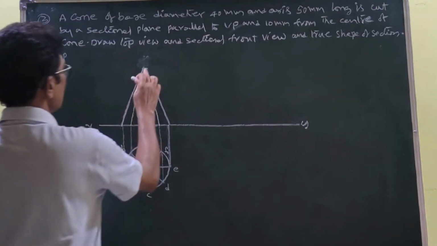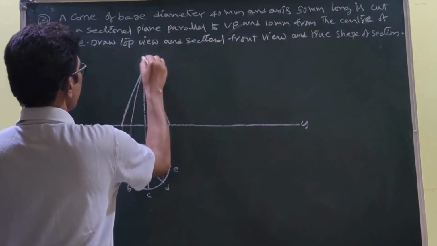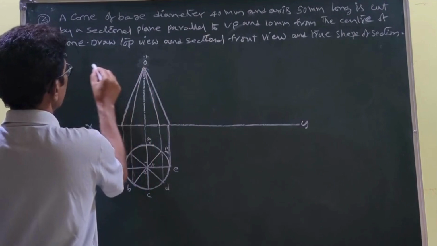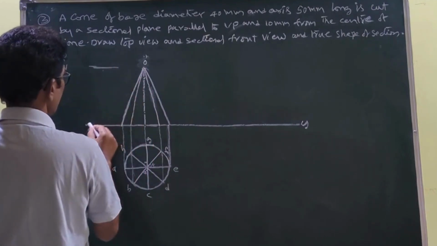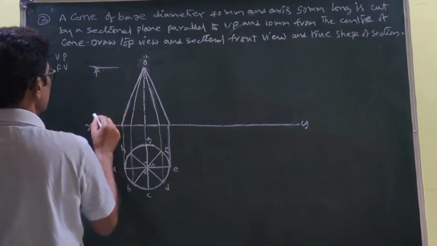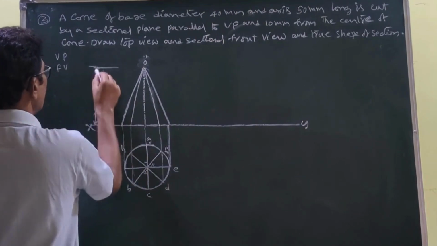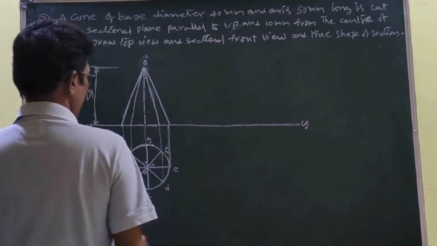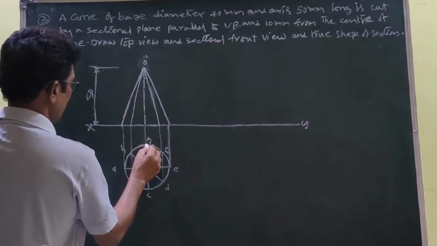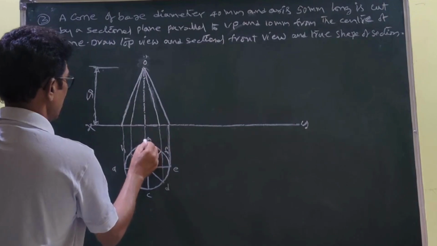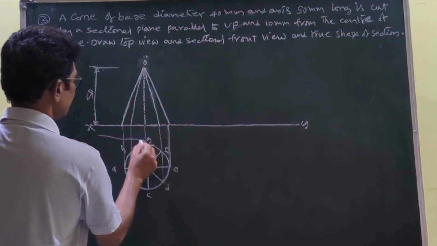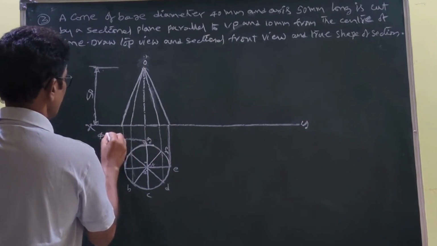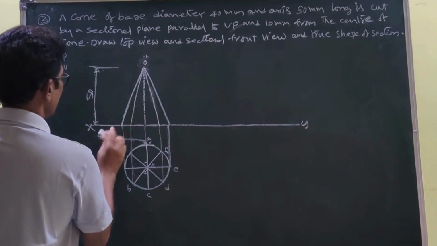Okay, this is the O dash. We can name it here. This is the axis height, which we know is 50. If you want to show the diameter, this is 40.